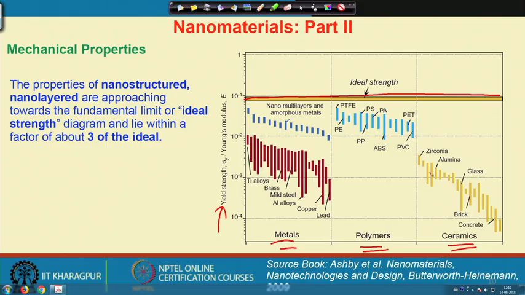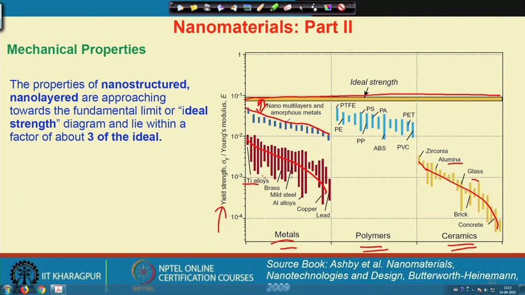In the case of metals, polymers or ceramics like zirconia, alumina and glass, they all lie here, and using nano multilayer or amorphous materials, we are reaching very close to the ideal strength of the material, compared to conventional materials.